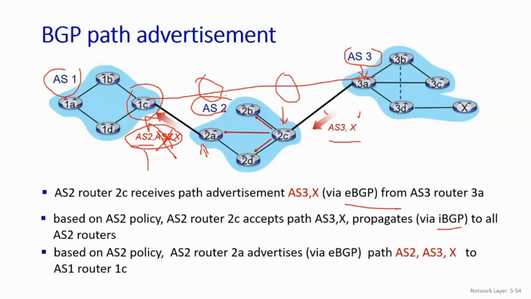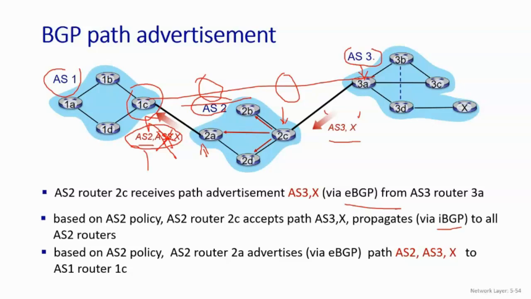If those autonomous systems' policies are accepted, then the packet may be forwarded through this route instead of this. But from the least cost point of view, AS1, AS2, AS3 is the least cost route, and AS1, AS4, AS5, AS3 is not.